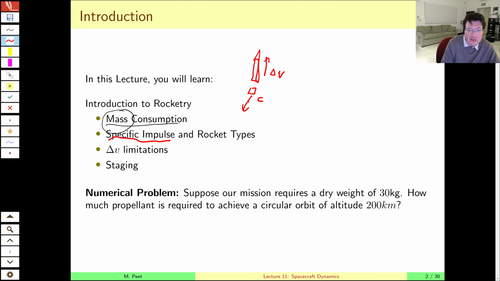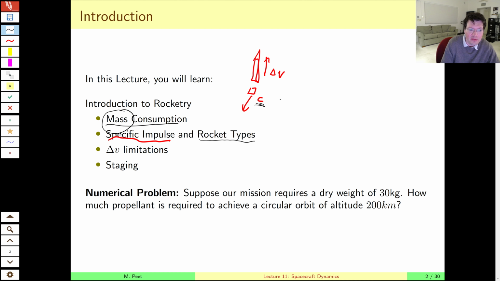So this limit on specific impulse, which is sort of a code word or terminology for the speed at which propellant is being spit out the back, is limited by the type of rocket that we're using. So we're going to be talking a little bit about the various rocket types and what kind of specific impulses those are capable of producing. And that's basically determined by your propellant type and also a little bit by the design of the rocket, so nozzle types and so forth.